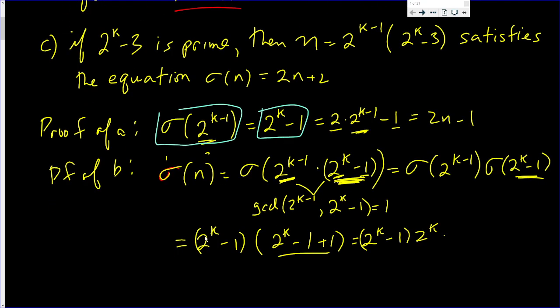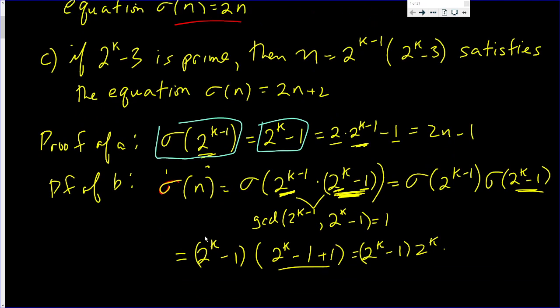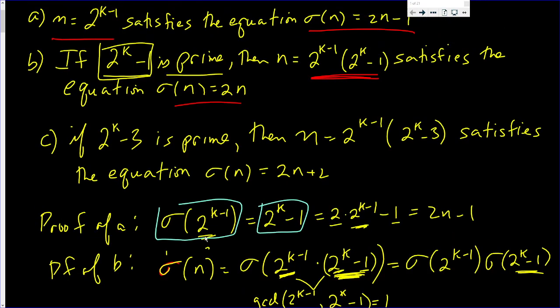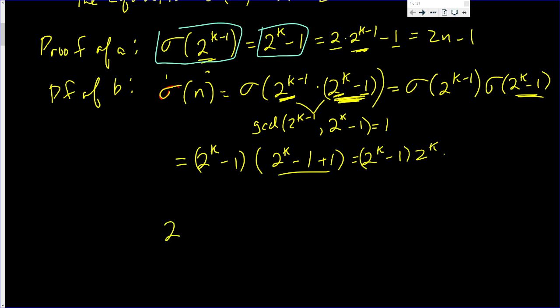Now, we want to show that this is 2n. So n is this, 2 to the k minus 1 times 2 to the k minus 1.